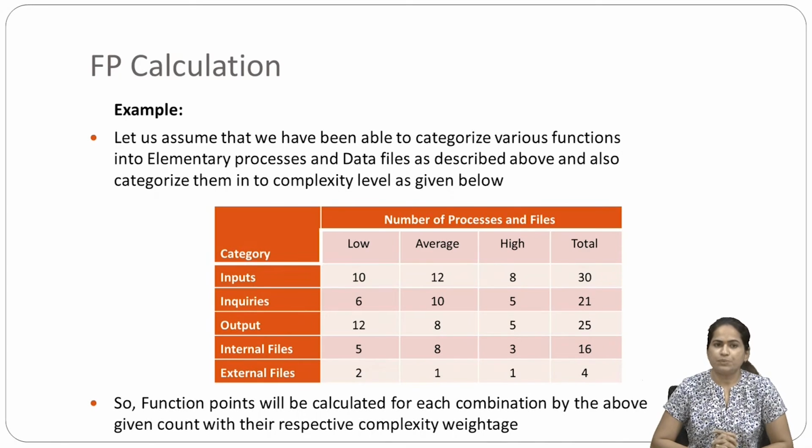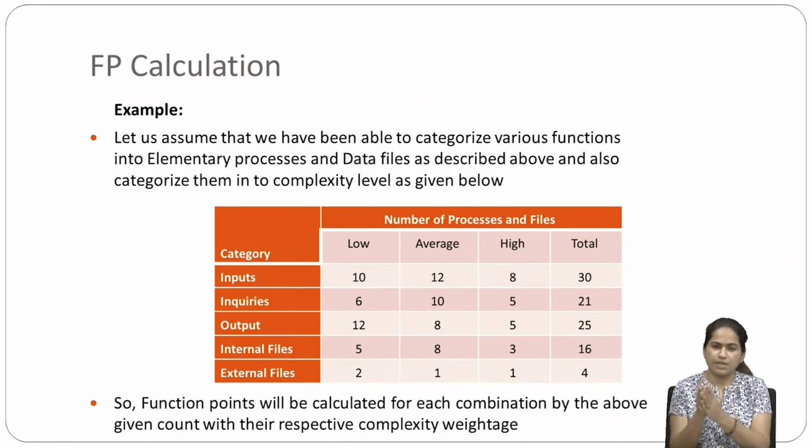Now let us assume that we have been able to categorize various functions into elementary processes and data files as described here, and also categorize them into complexity levels according to this table. Here you can see inputs, inquiries, outputs, internal files and external files.